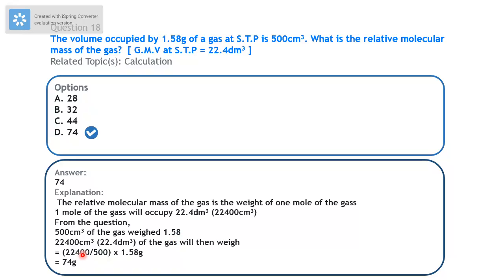So you have 22,400 divided by 500 times 1.58, and you'll be getting 74 grams. So that means that 22,400 cm cube will weigh 74 grams, and that will be the molecular mass of the gas in question.